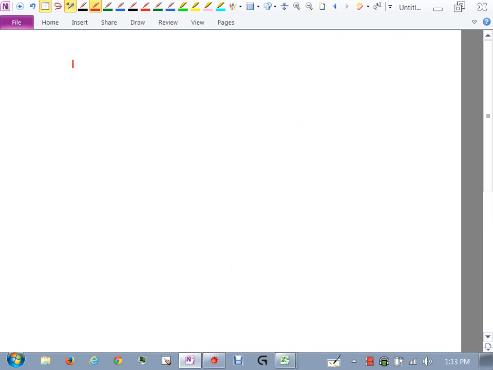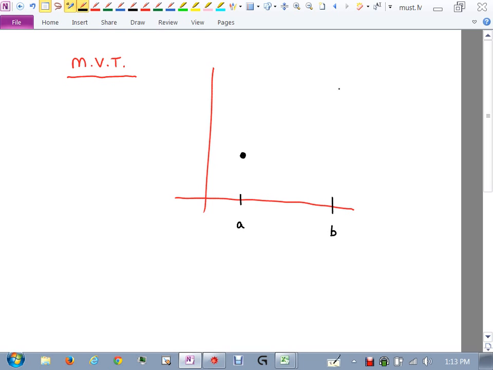So the mean value theorem, which I'm going to call MVT from now on, says this. Here's the picture that goes with mean value. You do not have to have your two endpoints come up with the same value. That doesn't have to be the case. And your curve inside is still continuous and differentiable.